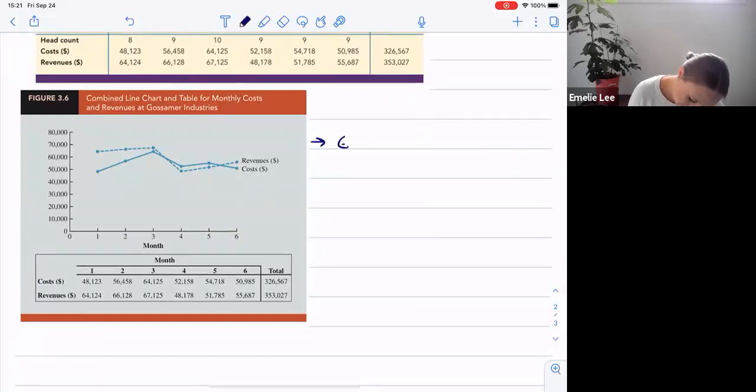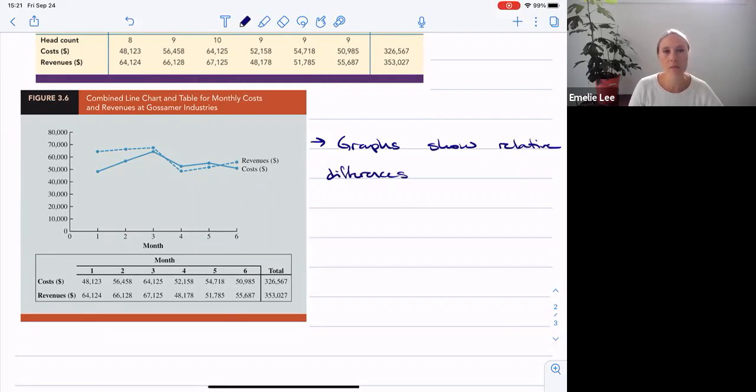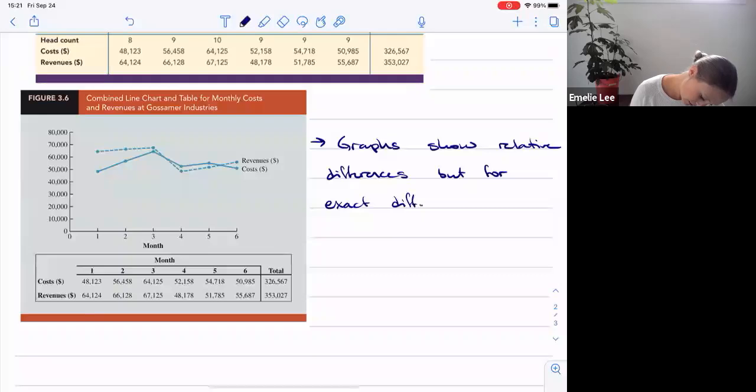So graphs show relative differences, but for exact differences we should include a table.